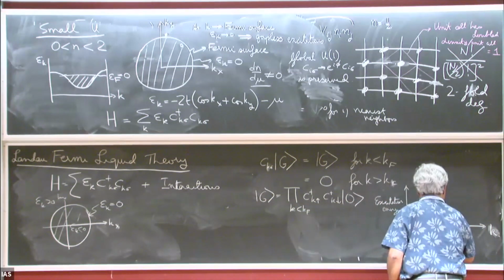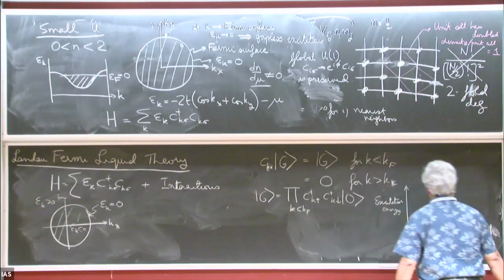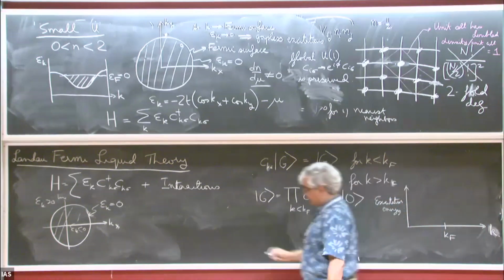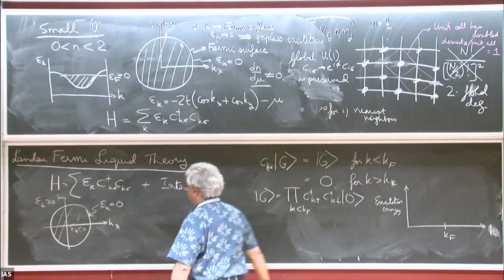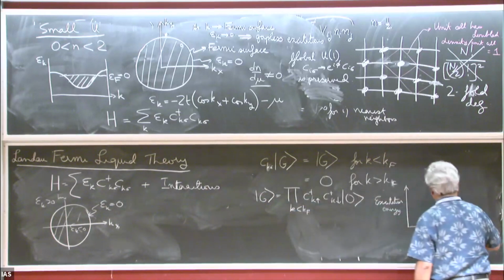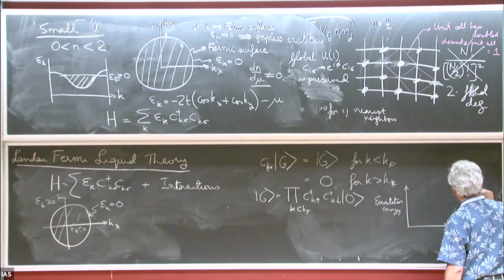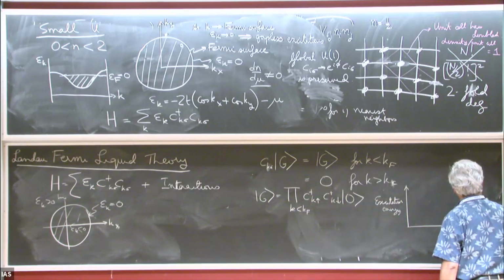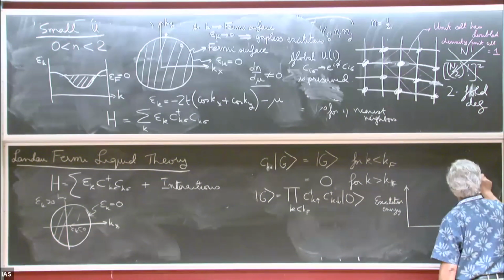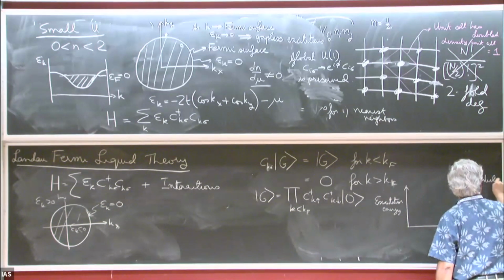So as a function of k, you go through kF. And what happens? Well, if your k is greater than kF, you can add a particle, and that costs you energy epsilon k, and that vanishes at kF linearly in some way. So this is epsilon k, and this excitation is a particle-like excitation.